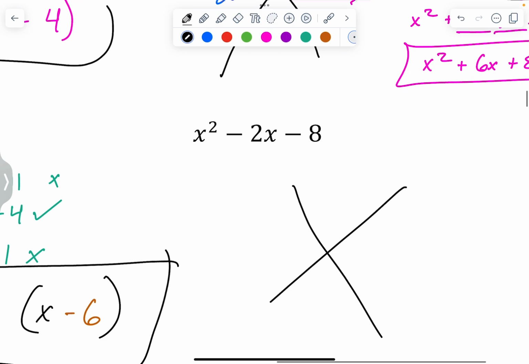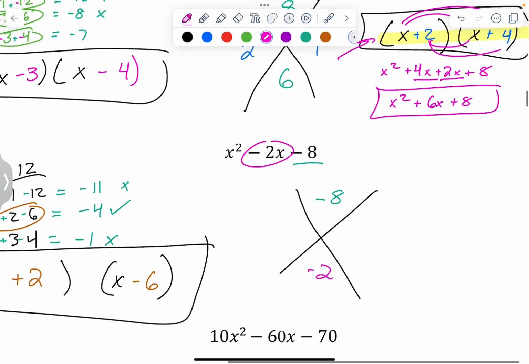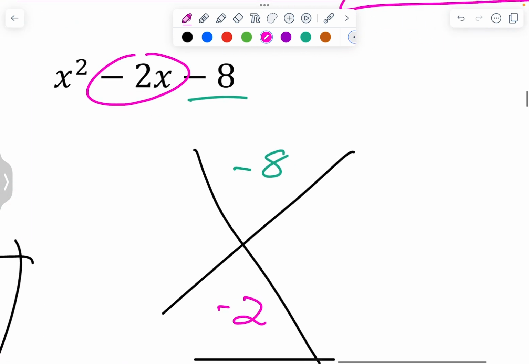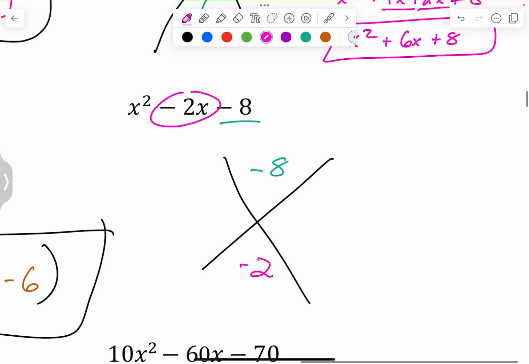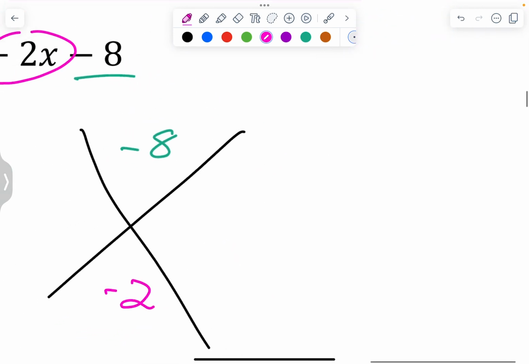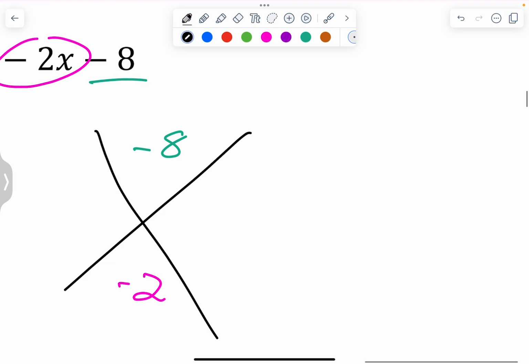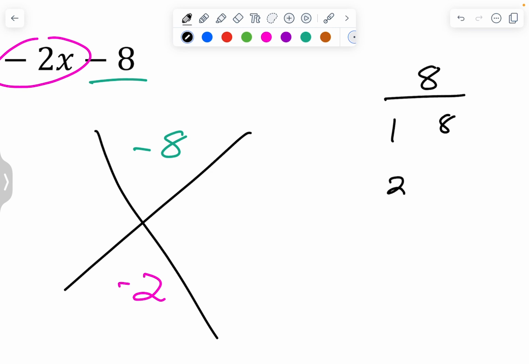Looking for factors that multiply to negative 8. Negative 8 goes on the top, negative 2 goes on the bottom. So looking for factors that multiply to negative 8 and add to negative 2. Again, that negative is on the bottom, so my bigger number should be negative. Looking at factors of 8: 1 and 8, 2 and 4. Because that bottom number is negative, my bigger number should be negative. It outweighs it.